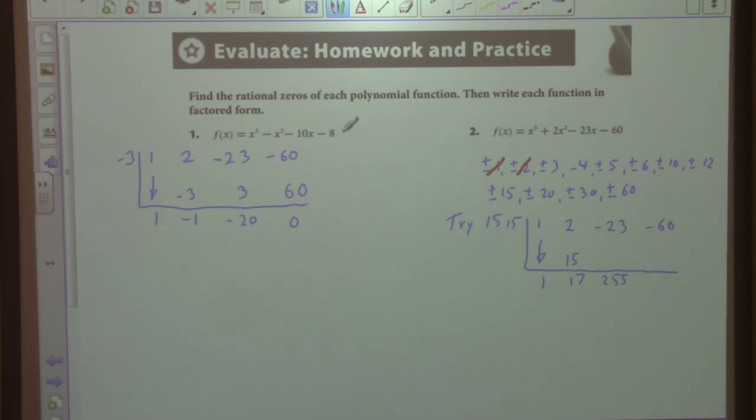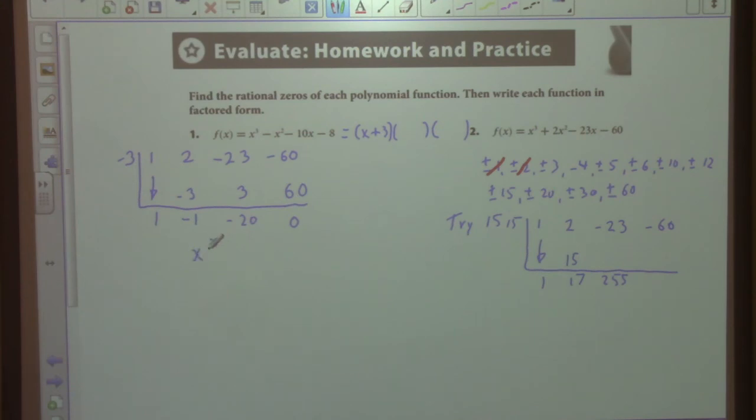What is one of the factors here? What is a factor related to the 0 of x equals negative 3? Well, it's x plus 3. Okay, so we know that x plus 3 is one of our factors. What do we have left over, Chris?